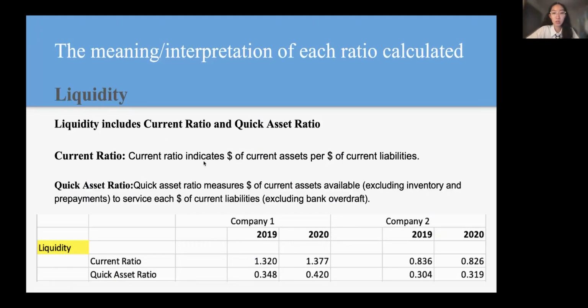Current ratio indicates dollars of current assets per dollar of current liability. The quick asset ratio mentions dollars of current assets available, excluding inventory and prepayments, to service each dollar of current liability.